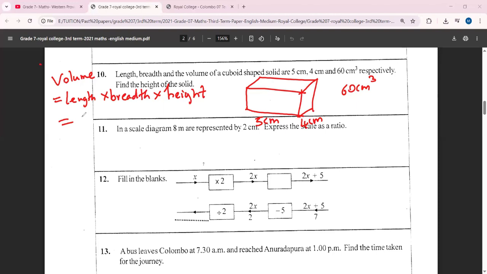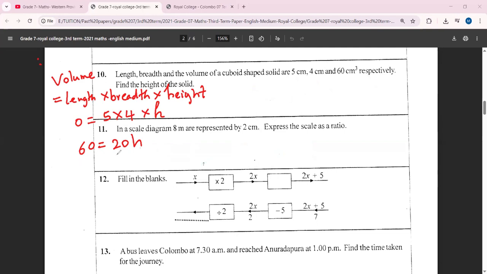The volume has been given as 60. The length is 5, the breadth is 4, and let's write h for the height. Then 60 is equal to 5 into 4, which is 20h. Now you can divide both sides by 20 to eliminate the 20, because this is an equation.